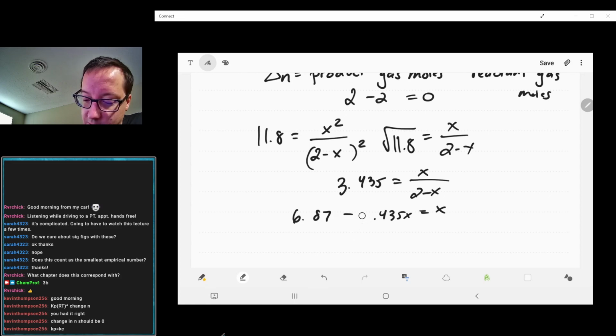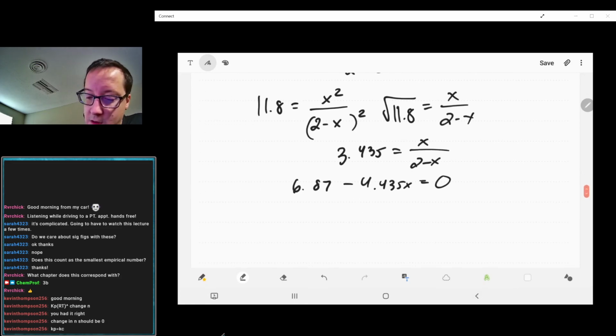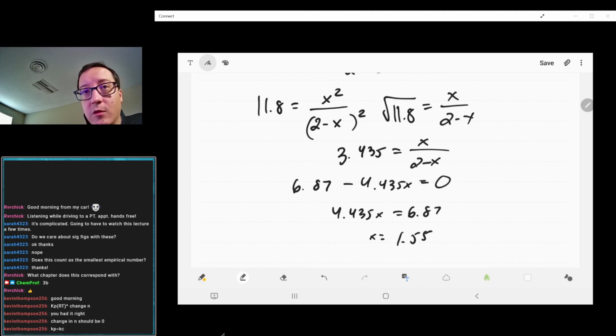So let's just go ahead and make that 4.435x equals 6.87. X equals this number divided by 4.435. And I get 1.55 or so. Let's say 1.549, whatever. Same thing. Atmospheres.